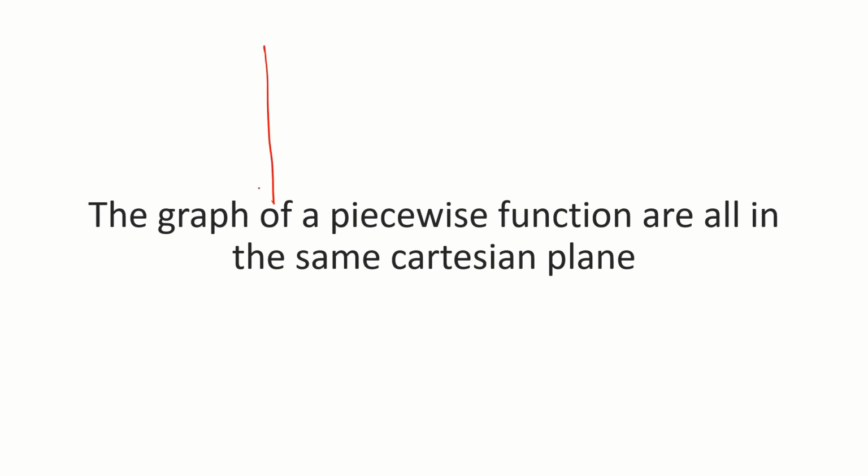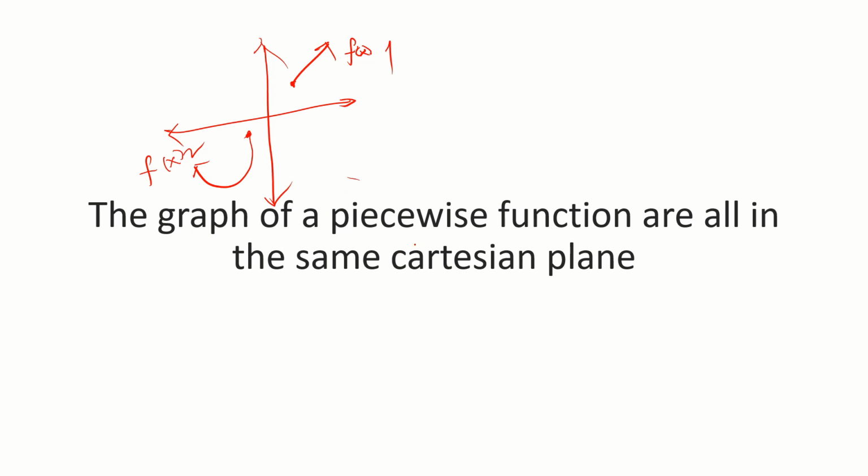So if we have a Cartesian plane, let's say for example this is our Cartesian plane, let's just suppose that one of the functions is graphed in this place, one of it is here. Let's say for example that this is our subfunction number 1, and then this is our subfunction number 2.